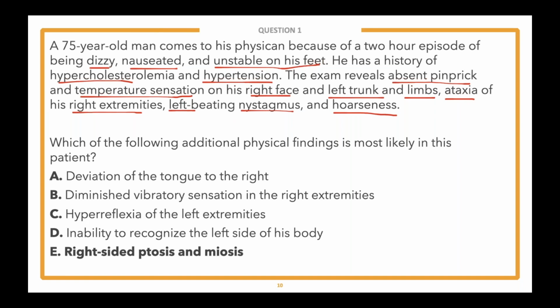And as you guys know, he had that loss of sensation on the right side of his face. So it would then be ipsilateral, so on the right side, okay? Excellent. So we know that the patient had absent pinprick and temperature on the right side of the face.